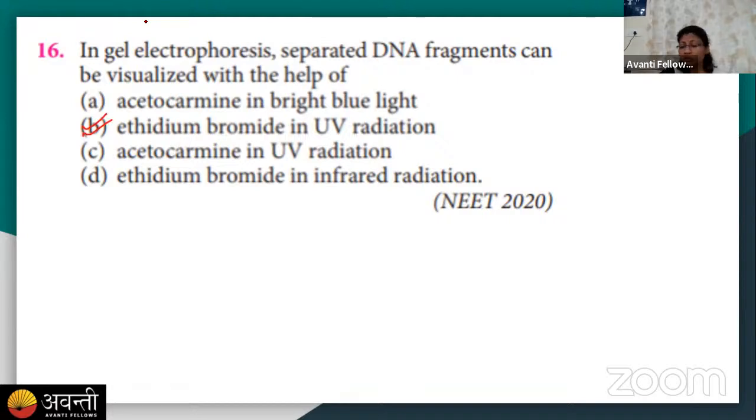Can anyone tell me which color bands are formed? Green, red, orange, blue, any of the colors which you like to tell?